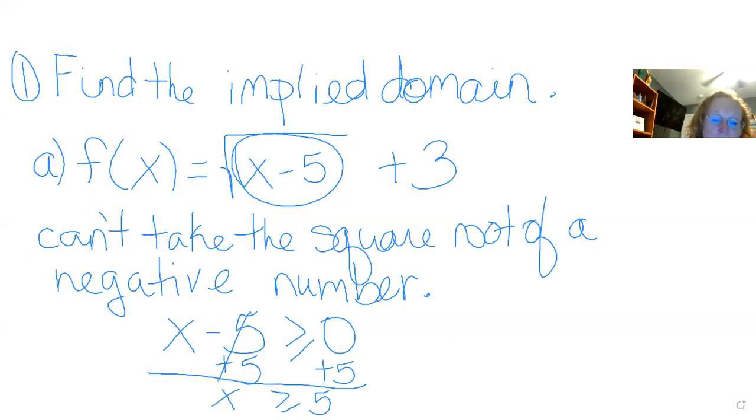Now, if this was a written exam and you were writing it on paper, you could leave it like that. But Hawks goes a little further and says that you have to put this in interval notation. I know that in this class we've already talked about interval notation, but we're going to talk about it again. So if you think about this for just a second, I'm going to look at a number line.